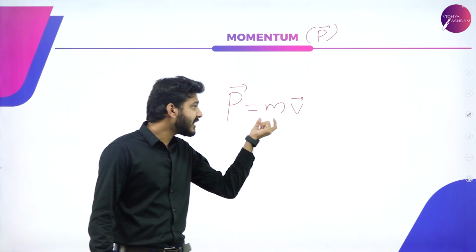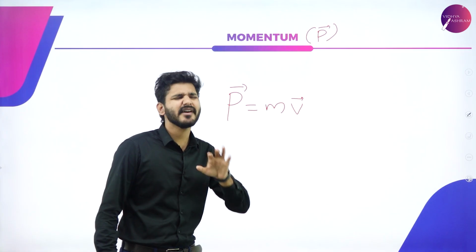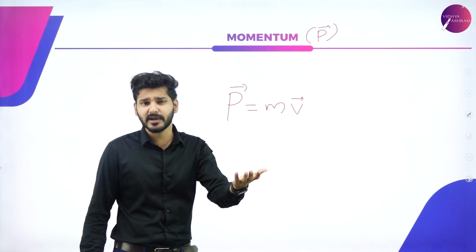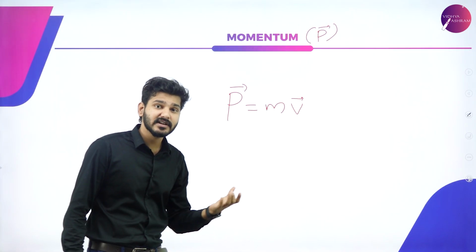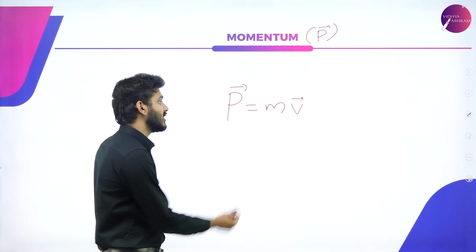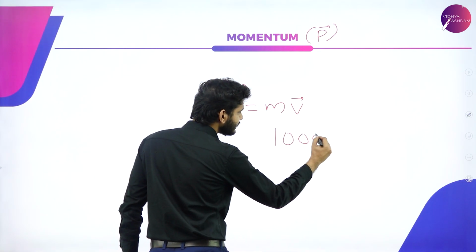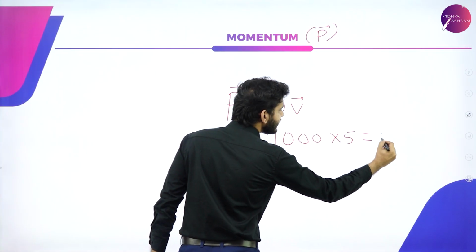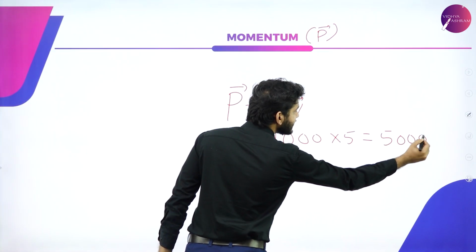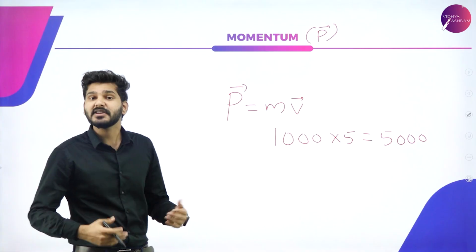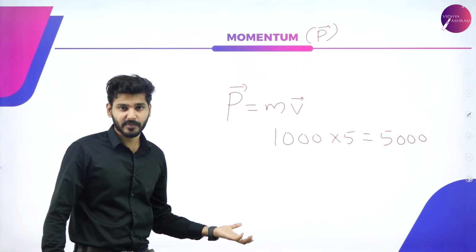That is because even though the velocity is very small, the mass of the elephant is very large, which means that 1000 times 5 is equal to 5000 kilogram meter per second. So it is having a large momentum.